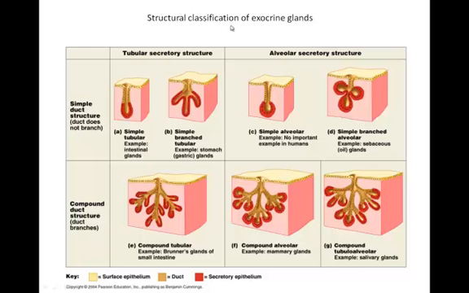Another way to structurally classify the exocrine glands is the shape of the secretory unit. If you're like this, tube-like, you're tubular. If you're like this, grape-like, you're alveolar. So are you tube-like, or you're alveolar, or you're both? If you're both, you're tubular alveolar. And also, are you branched?